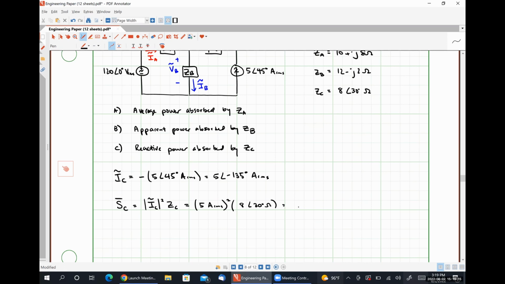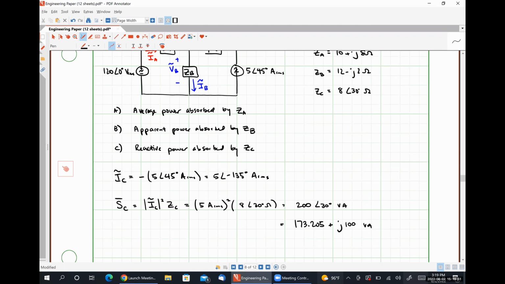That's going to be 200 angle 30 degrees volt amperes in polar form, or 173.205 plus J100 volt amperes in rectangular form.